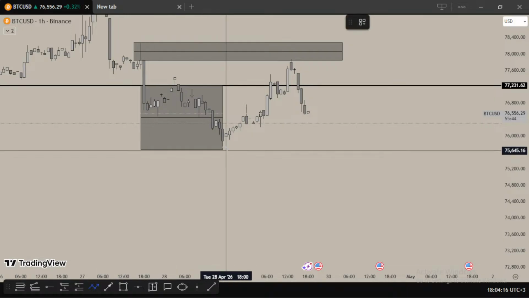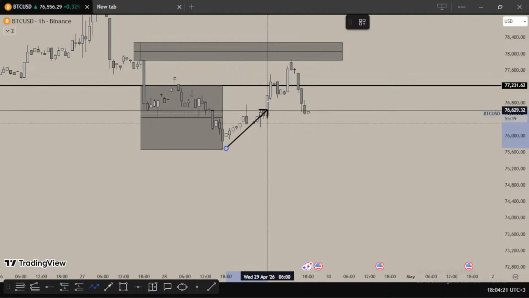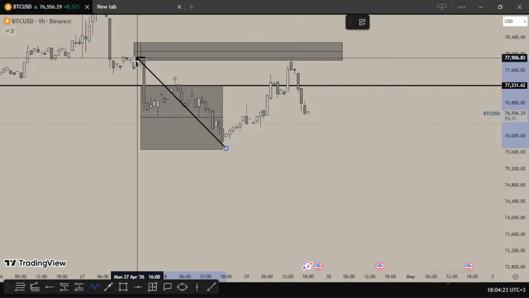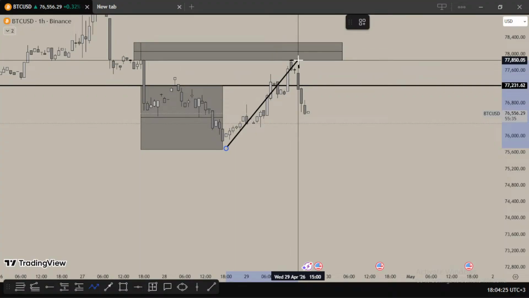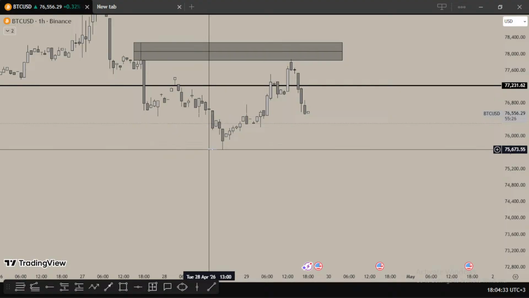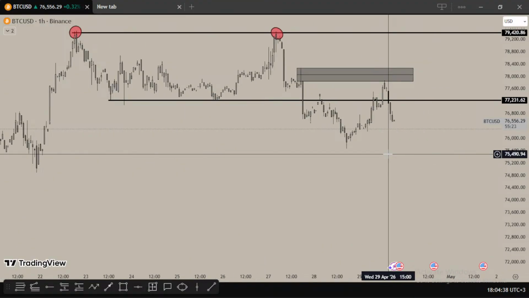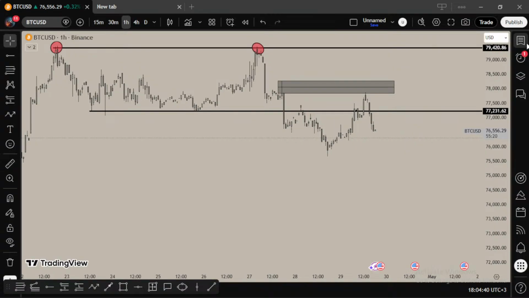Buyers have entered the market and they're trying to buy back to where they were because they have no power over sellers. They want to buy back to where they were and then start selling together with sellers. So we might see Bitcoin go down heavy. I don't know how this is going to affect gold, but we'll just wait and see.